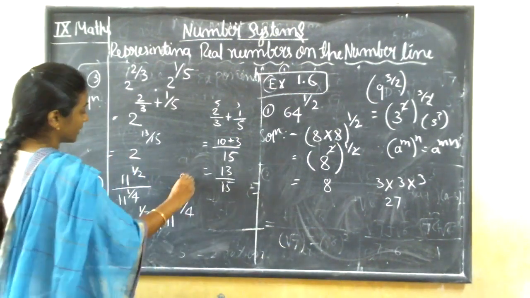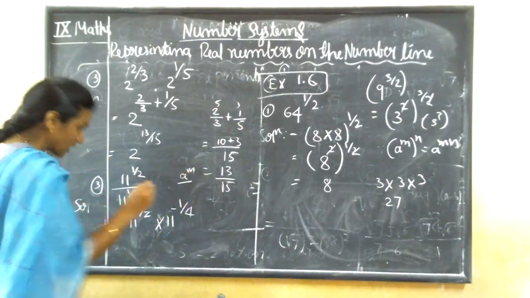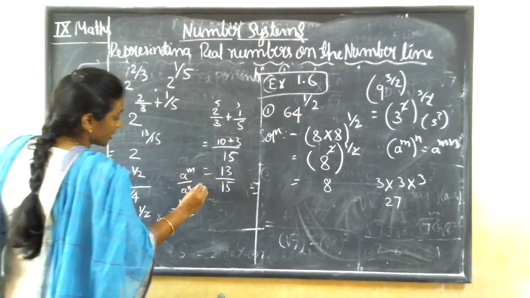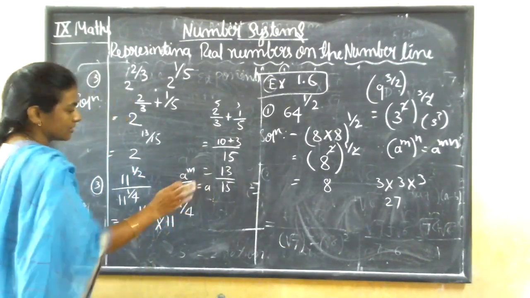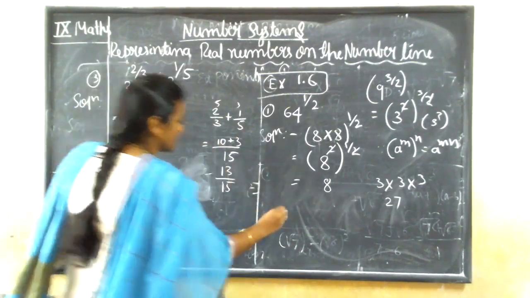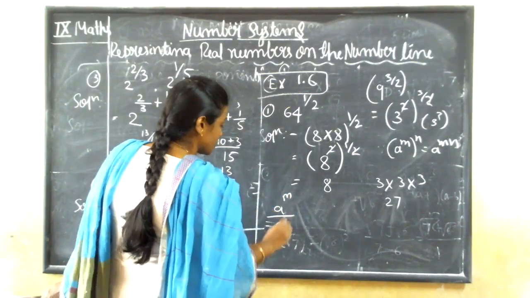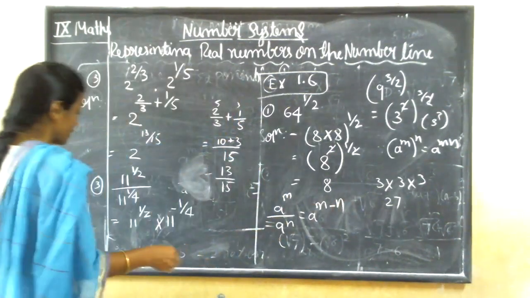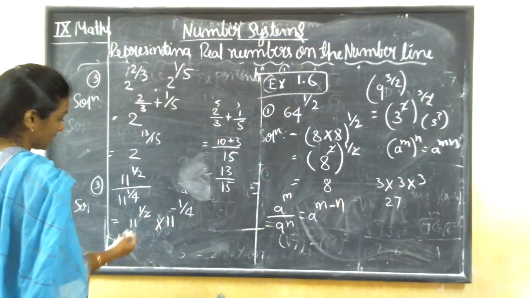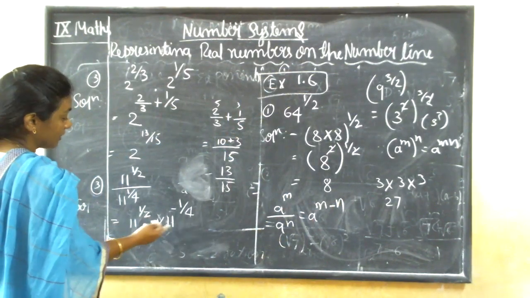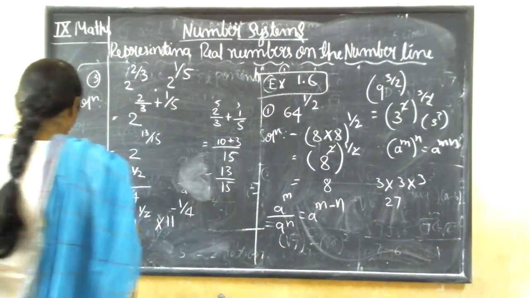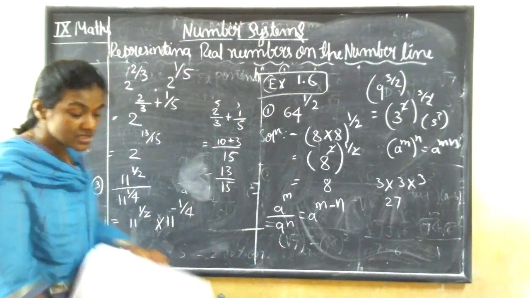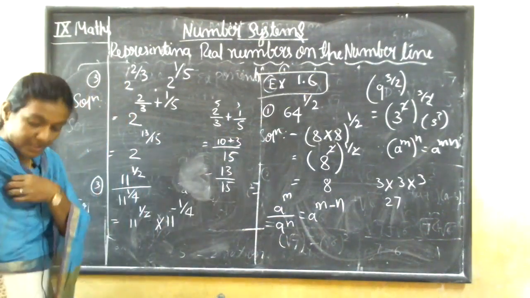It is in the form of a raised to m divided by a raised to n, which gives a raised to m minus n. Excuse me, guys, I have written it in a clumsy way.